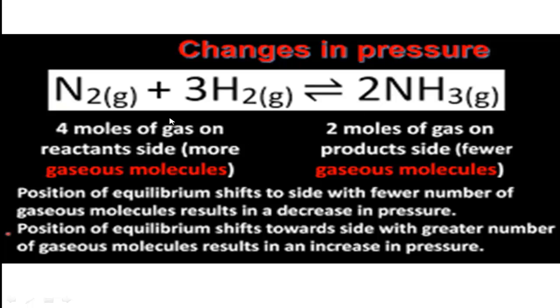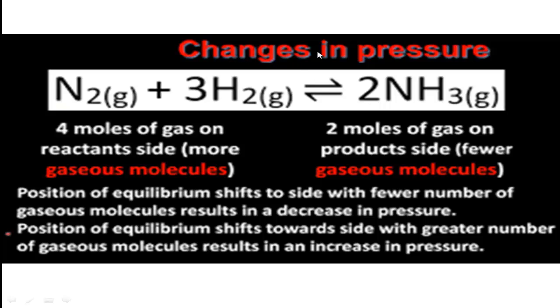So in this case, if we increase pressure, then what will happen? To minimize this increased pressure, the equilibrium position shifts to the side in which a lesser amount of substance is present.